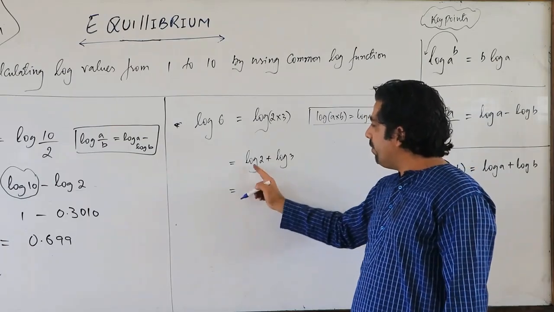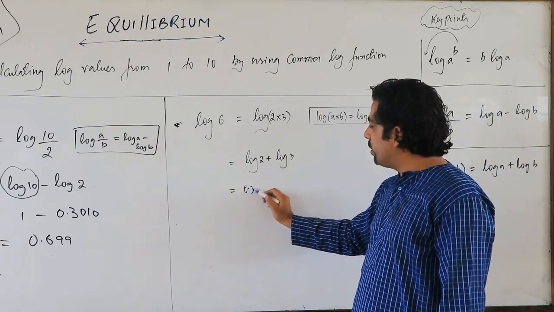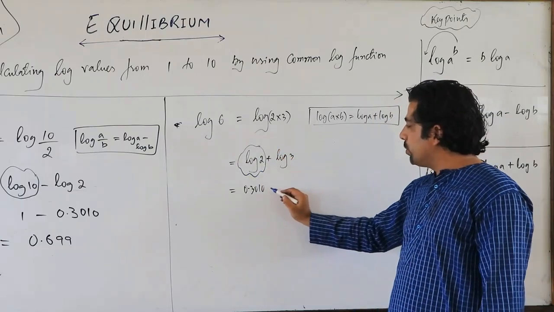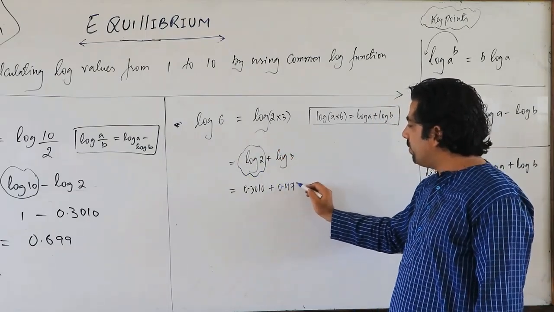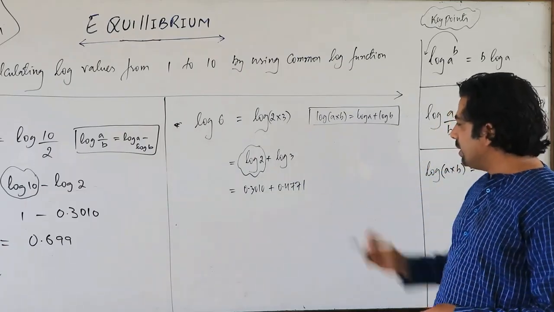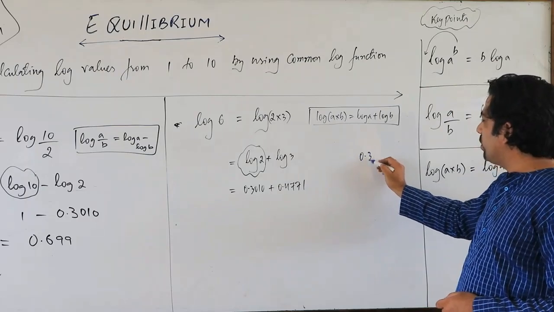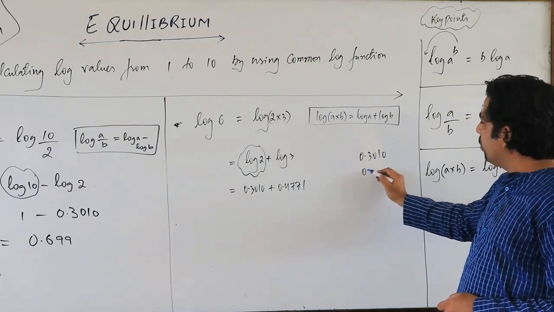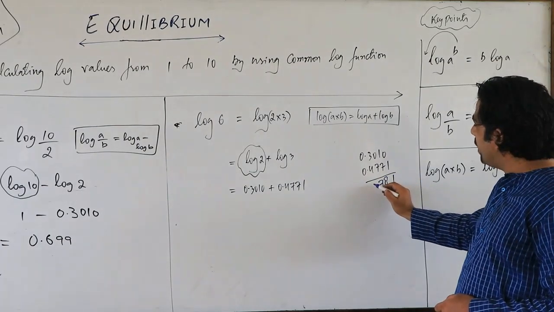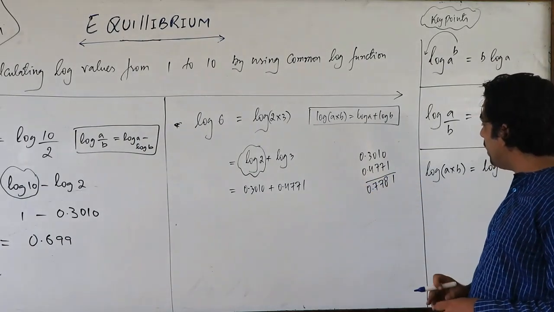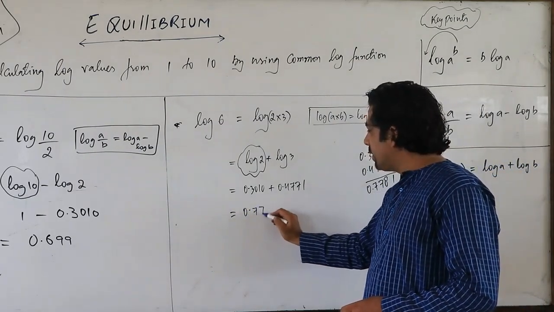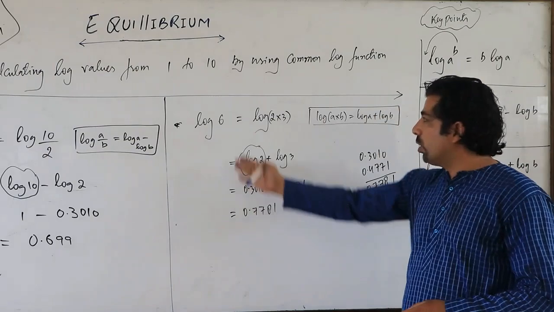Now you are already aware that log 2 is 0.3010, and log 3 is 0.4771. So let us simplify this: 0.3010 plus 0.4771 gives 0.7781. So 0.7781 is the value for log 6.